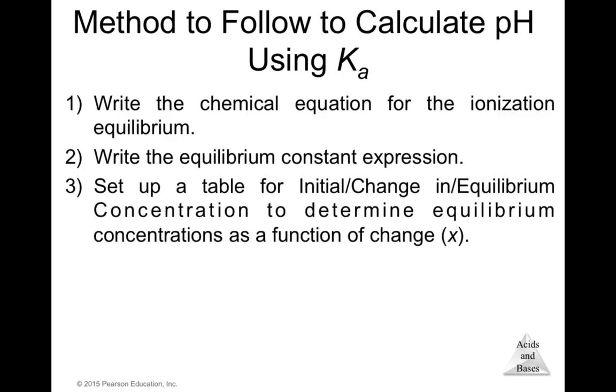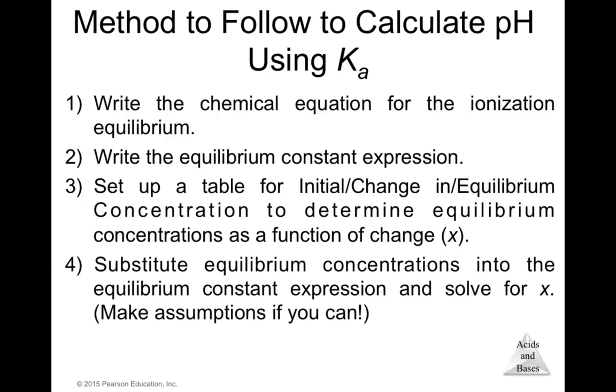Number 3, the ICE table for the initial, change, and equilibrium concentrations to determine the equilibrium concentrations as a function of the change. And then substitute the equilibrium concentrations into the equilibrium constant expression and solve for x, making assumptions if we can. Also remember from the previous module that we can assume that the value of x is really small, and we avoid using the quadratic expression.